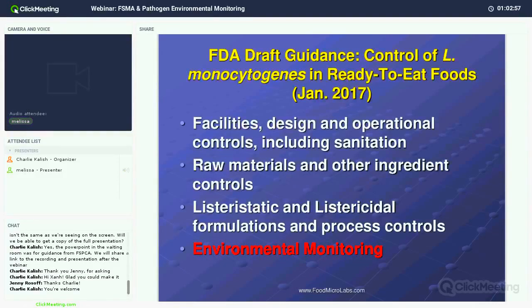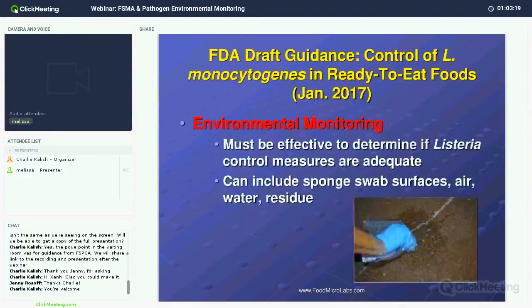I think what we know right now is that FDA's thinking is that both Salmonella and Listeria are considered pathogens with potential for growth, survival, and occurrence in the food environment. So both organisms might be included in a low moisture food, whereas in a high moisture food, Listeria might be the only organism of concern.